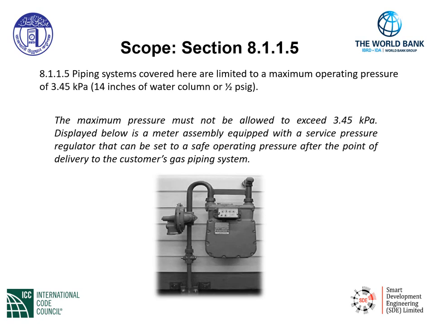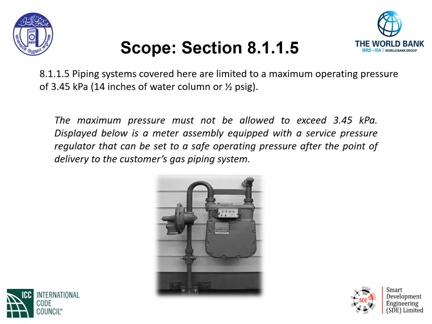Piping systems covered here are limited to a maximum operating pressure of 3.45 kPa. The conversion is 14 inches water column or half-inch PSIG. The maximum pressure must not be allowed to exceed 3.45 kilopascals.